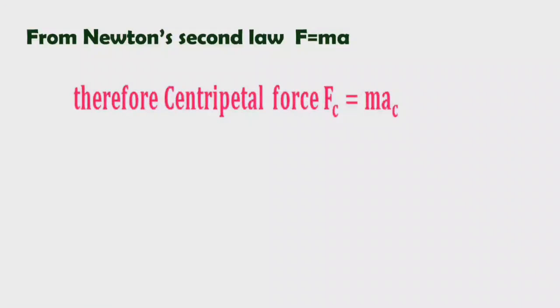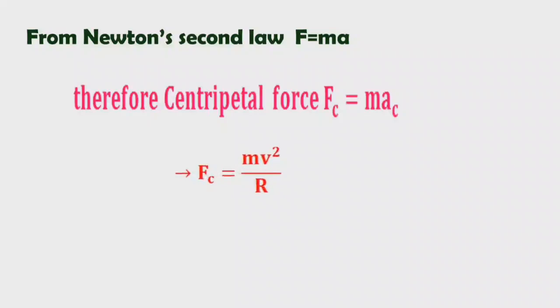From Newton's second law, which you already know, F is equal to ma. Therefore centripetal force Fc is equal to m ac. In place of F we are writing Fc, which represents centripetal force. m is the mass of the object revolving in a circular path, and ac is the centripetal acceleration.